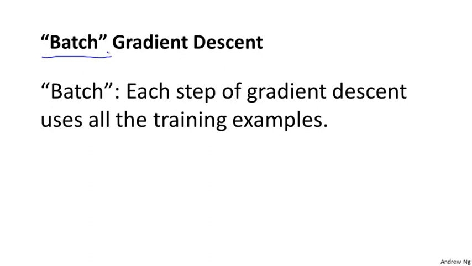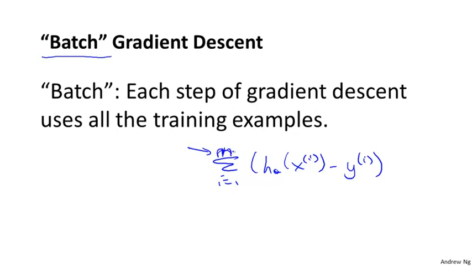When computing derivatives, we're computing these sums over all m training examples. So the term refers to the fact that we're looking at the entire batch of training examples. Again, maybe not a great name, but this is what machine learning people call it.